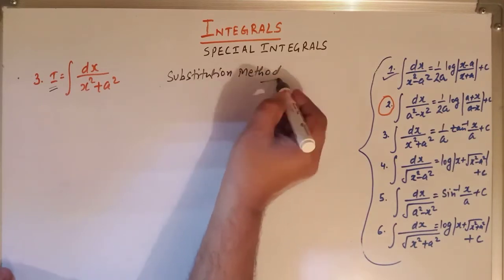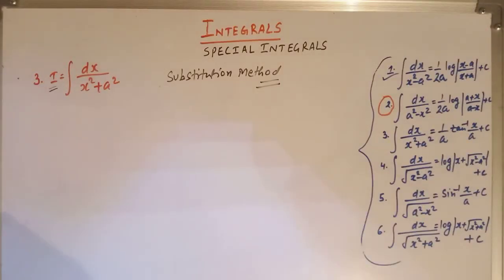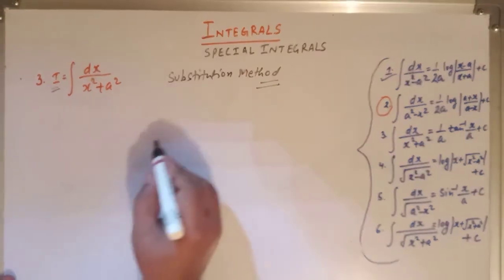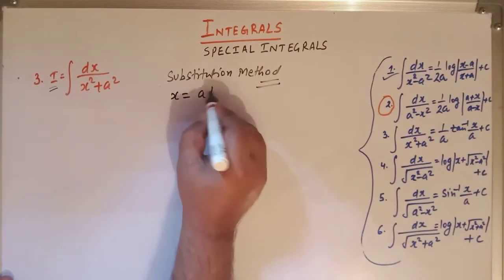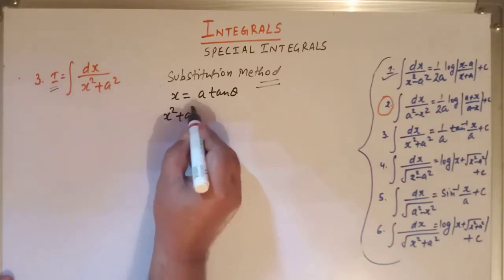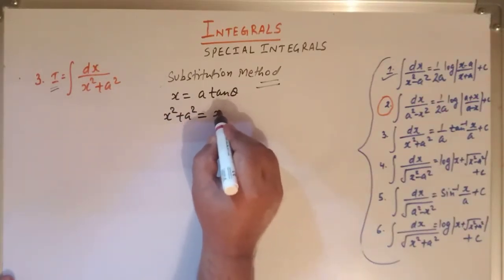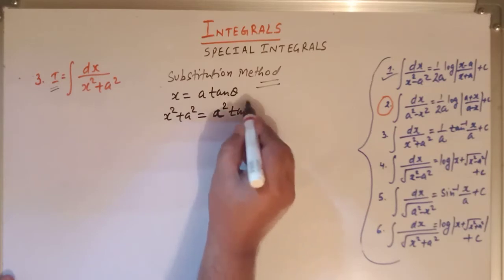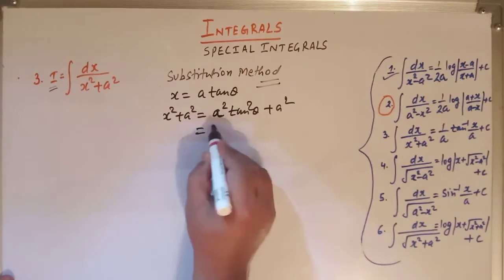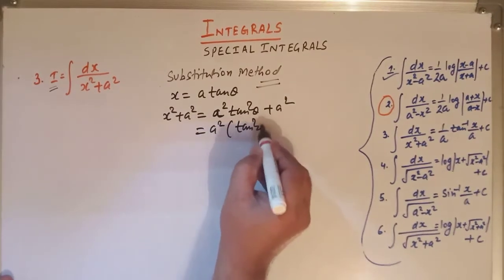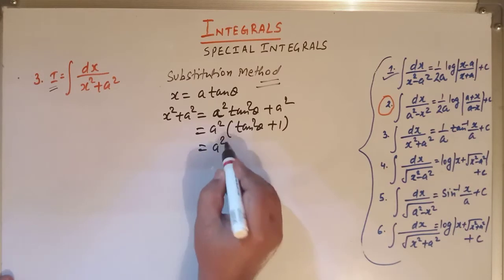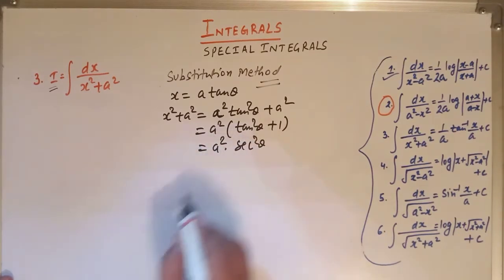So here we will integrate this integral using the method of substitution. So let us substitute x is equal to a tan theta here. Clear? So this expression x square plus a square becomes a square tan square theta plus a square, then we have a square common, then we have tan square theta plus 1, then we have a square times secant square theta.